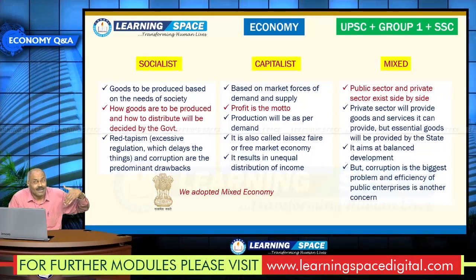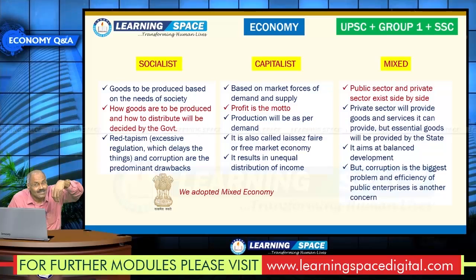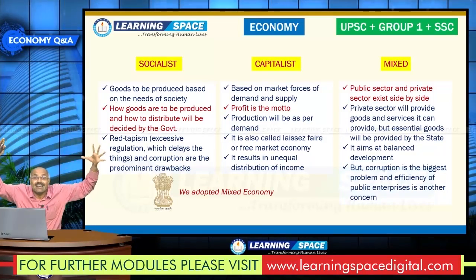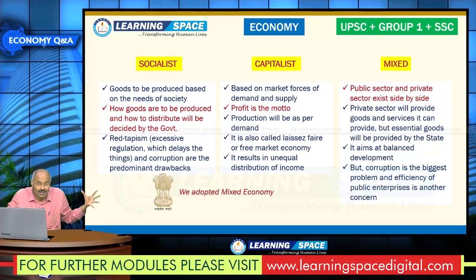Next, capitalist economy. I have just now explained profit is the motto, production will be as per the demand, and here the means of production will be owned by private individuals, and the basic problem is it results in unequal distribution of income. The disparities will increase. That's why we are seeing nowadays a number of billionaires across the world.